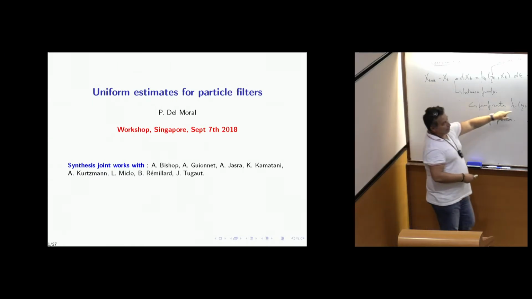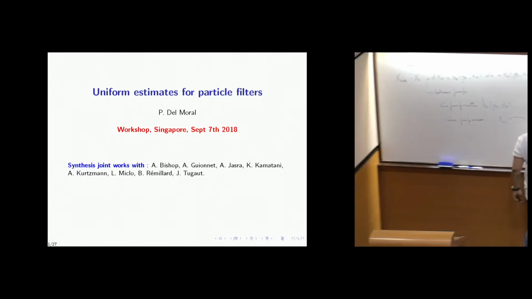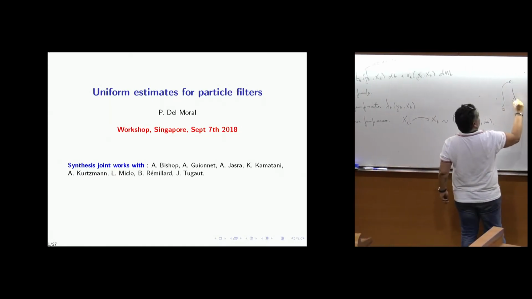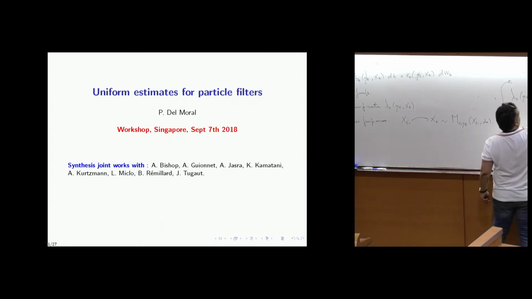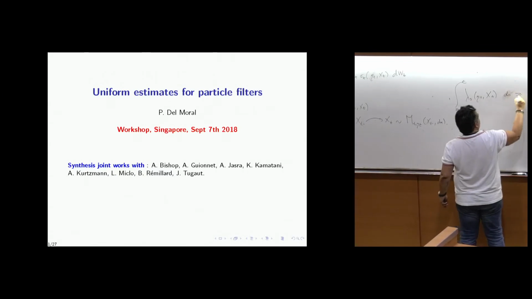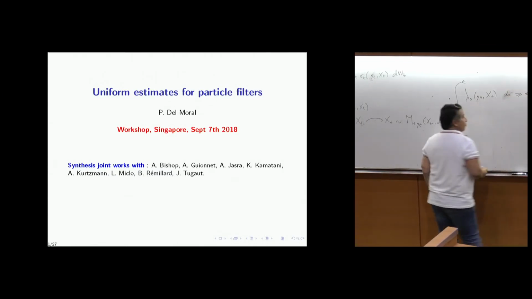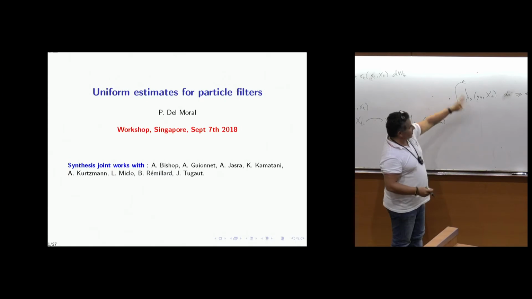You have some jump rate, which everyone knows. You wait some time, and the jump rate tells you that you wait until this goes above some exponential random variable with parameter 1. So you sample an exponential random variable with parameter 1. At time 0, this is 0.